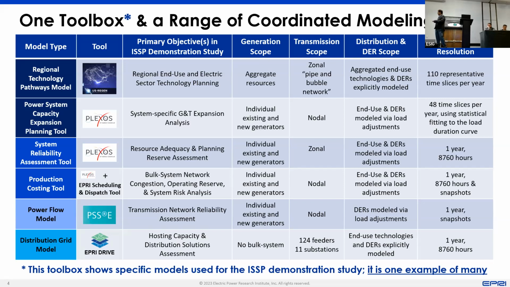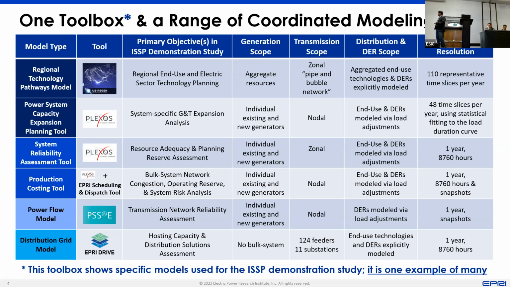But anyway, the point is we used Regen to do the scenario analysis. And going down, we used PLEXOS LT for capacity expansion and PLEXOS for production costing as well. Then PSS/E for transmission reliability analysis, and DRIVE, which is again an EPRI tool, for distribution analysis.